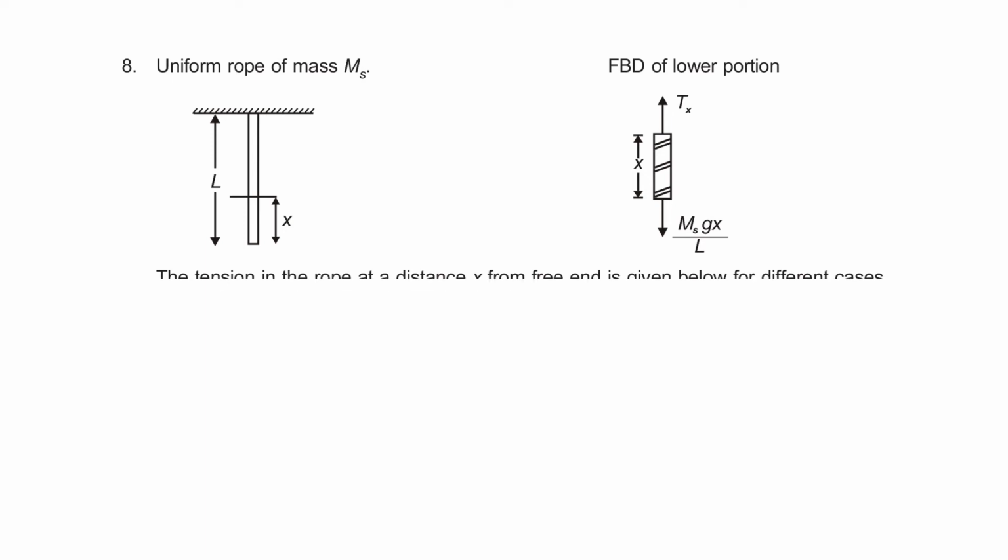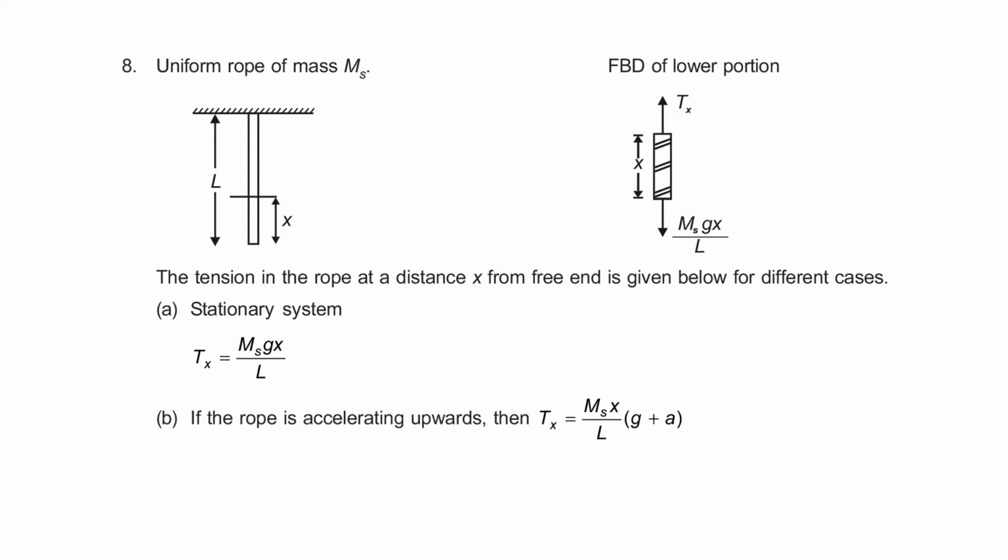In case A, in a stationary system, Tx is equal to msgx divided by L. For case B, if the rope is accelerating upwards, then Tx is equal to ms x divided by L (g plus a).